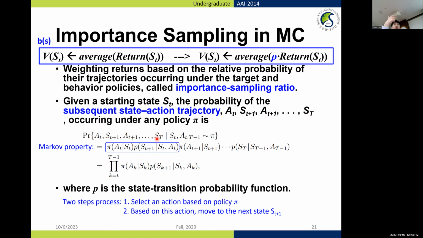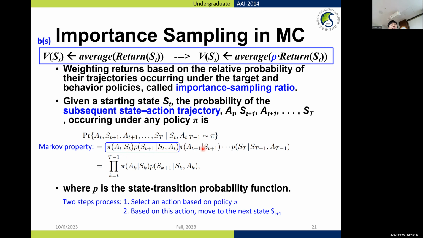For a particular sequence, this is its probability based on St with an action following policy pi. Because this follows the Markov property, we can divide it into multiple parts. The policy decides the probability of the action, times the state transition. This is the probability of taking the first action and moving to the next state.